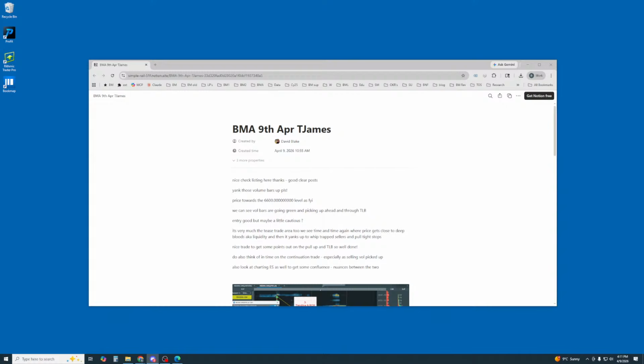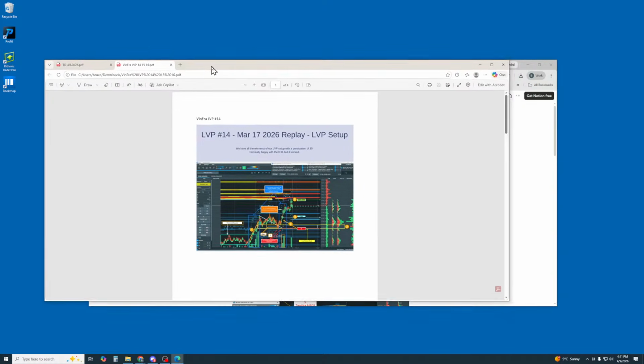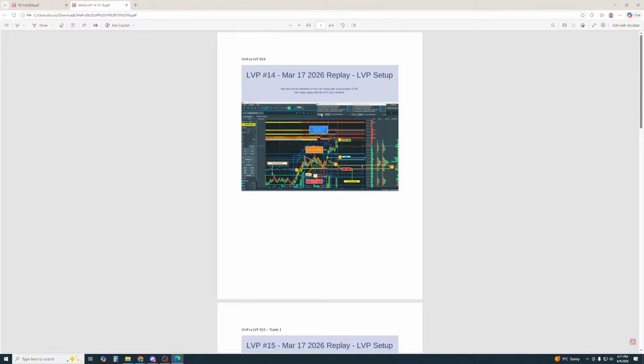A few of the guys I have are in the room, so we might even have to start there. And let me invite DNT up to the stage. And I don't see Trading This Live. He usually comes in a little later. But we also have Vinfra. So you have Vinfra, John. So let's get him up on the stage and take a look here.